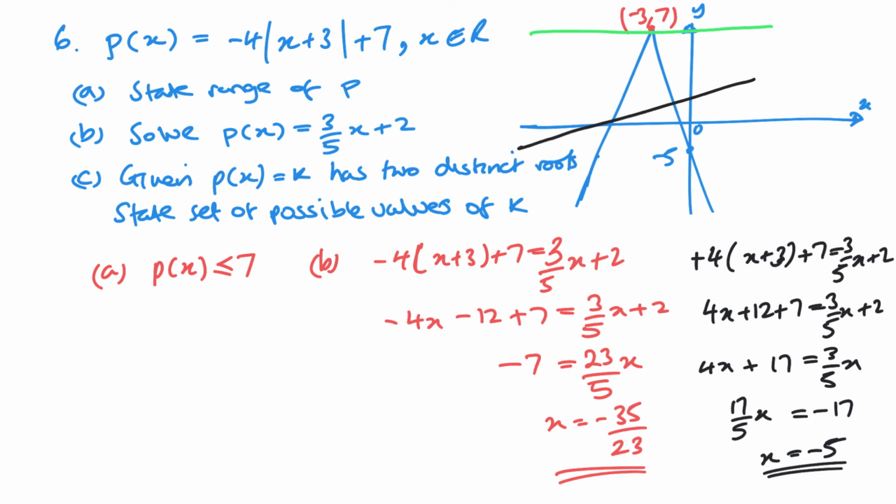Below that would be two distinct roots. So k less than 7. Didn't even need to do any working out there for part C, just a bit of observation. So it's a straight line, y equals 7, that would be one root, anything below it will have two roots.